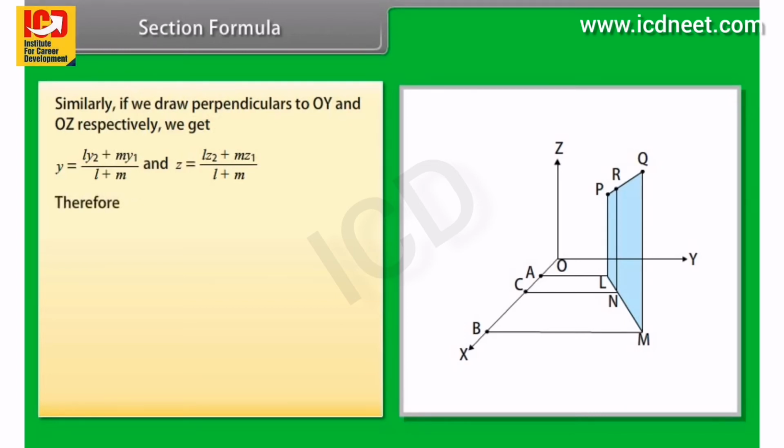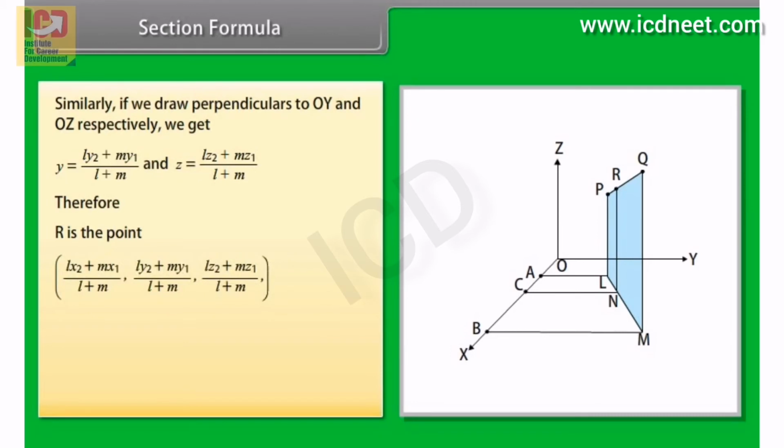Therefore, R is the point ((l x2 + m x1)/(l + m), (l y2 + m y1)/(l + m), (l z2 + m z1)/(l + m)).